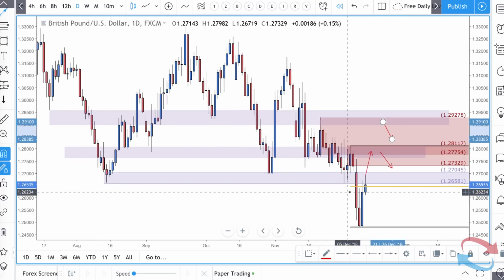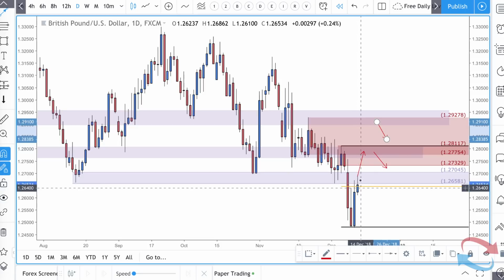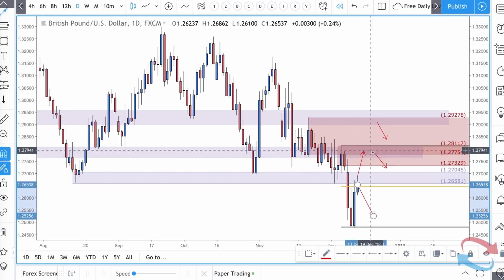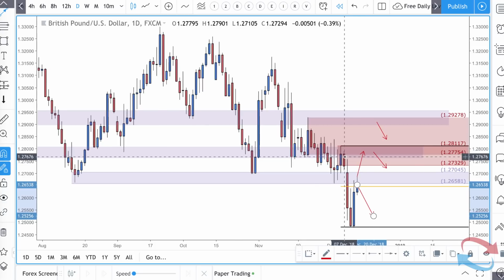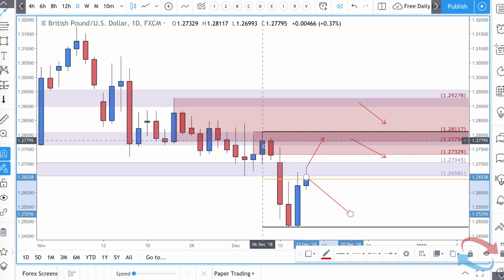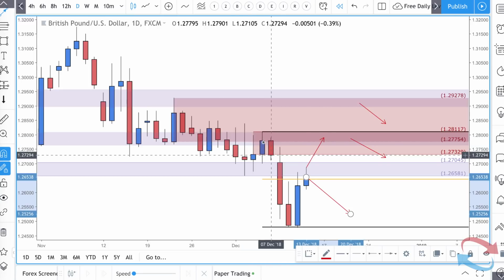So again, why are you buying here? Is this the best place to buy? Yes, prices could turn around, but that isn't the point. The point is you want to take higher probability trades, and the higher probability trades are at areas of proven supply and proven demand, because you know that this is where institutional traders, the financial institutions that move the market, got in and bought the dollar, because they thought it was an absolute bargain at this price.